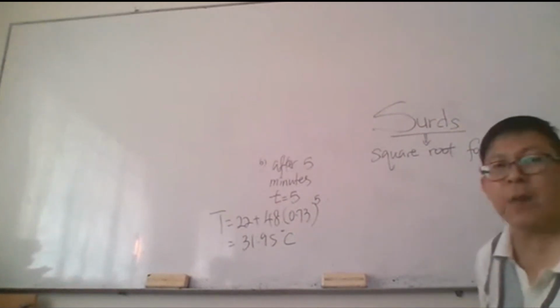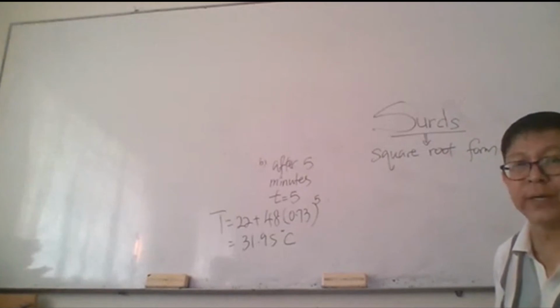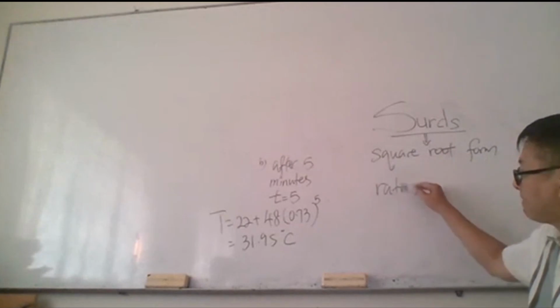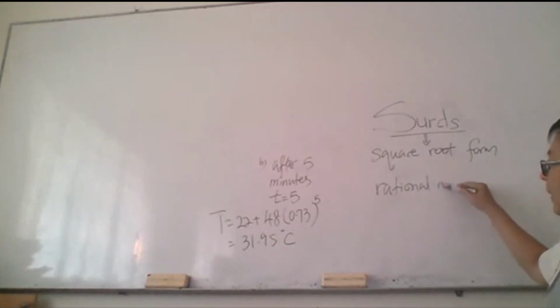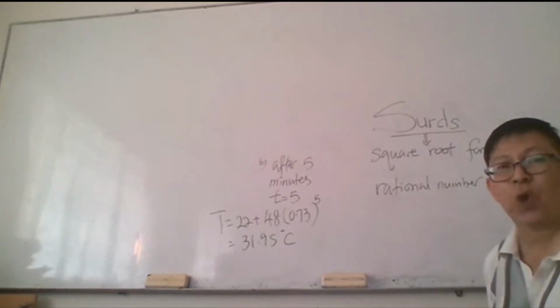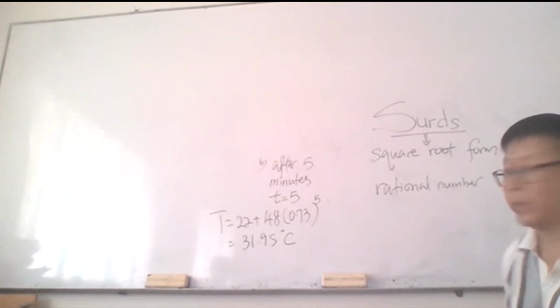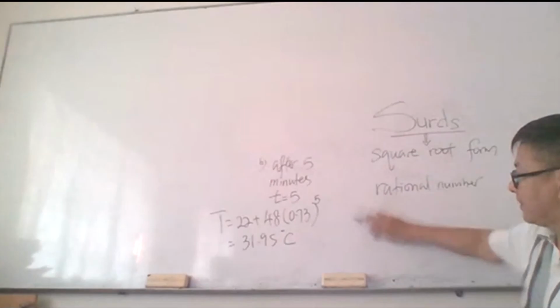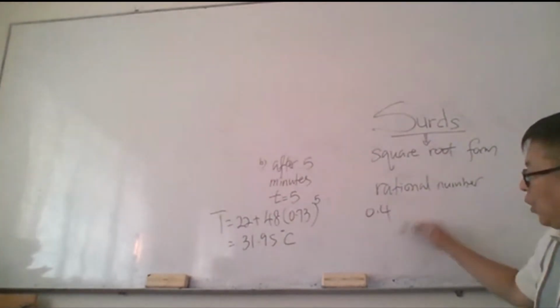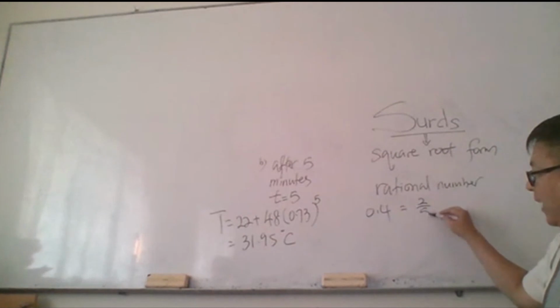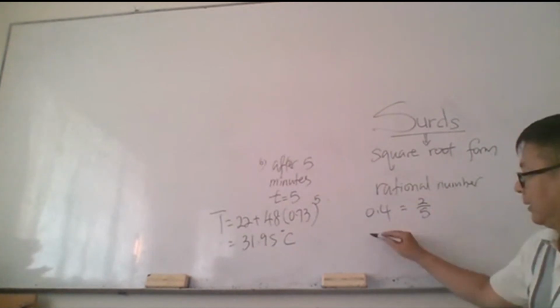Can someone tell me what is called a rational number? Rational numbers are those numbers we can express as a fraction. For instance, 0.4, we can write as 2/5.